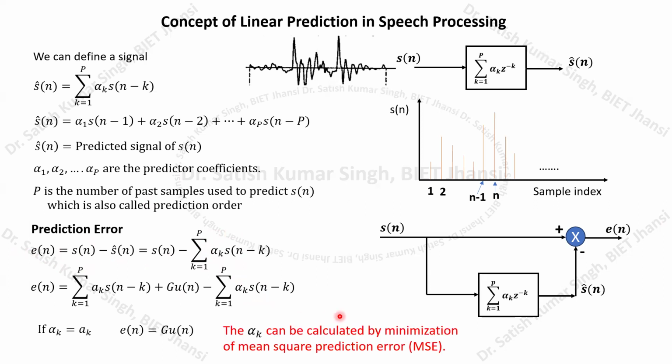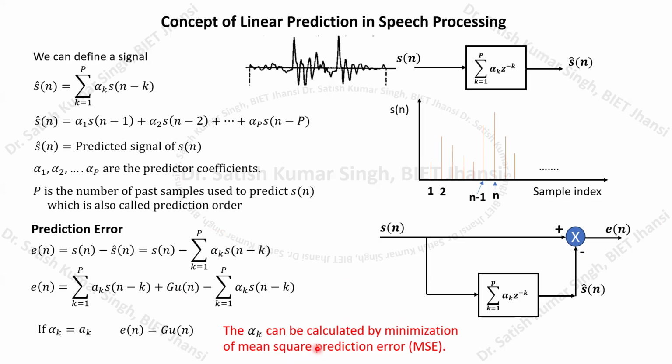So we have to calculate alpha k by minimization of the mean square prediction error.